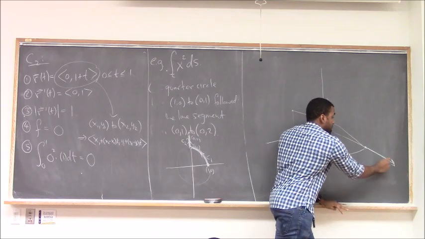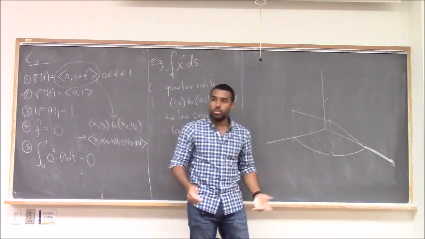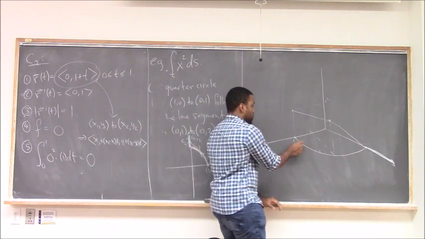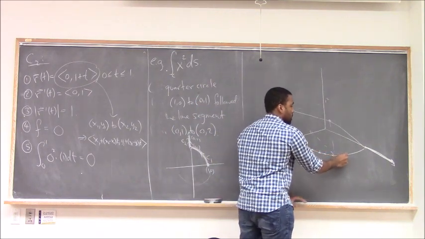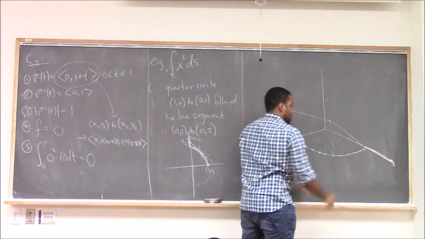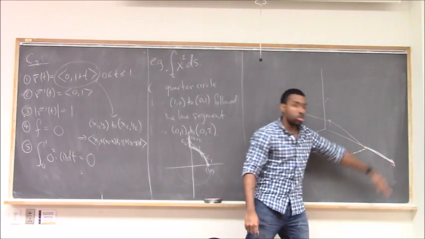And then it stays 0 this whole time because the height is given by the x-coordinate squared. Right? So along all these points, you're just computing the square of the x-coordinate, which slowly decreases to 0. And then it stays 0 here.